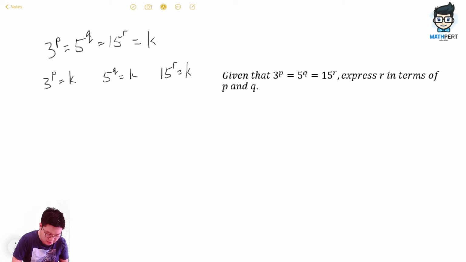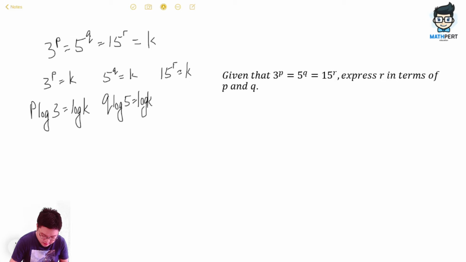So it will become p log 3 equals to log k, and this will become q log 5 equals to log k, and this will become r log 15 equals to log k.